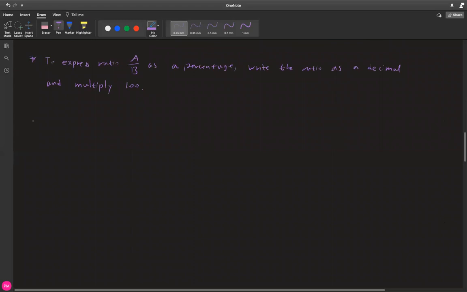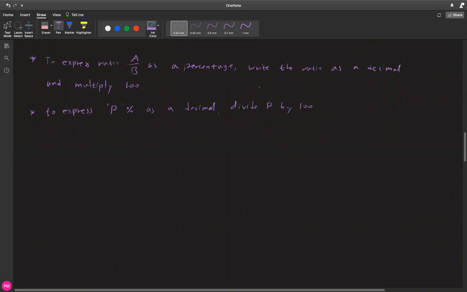The second point: to express some P percent as a decimal, simply divide P by 100.